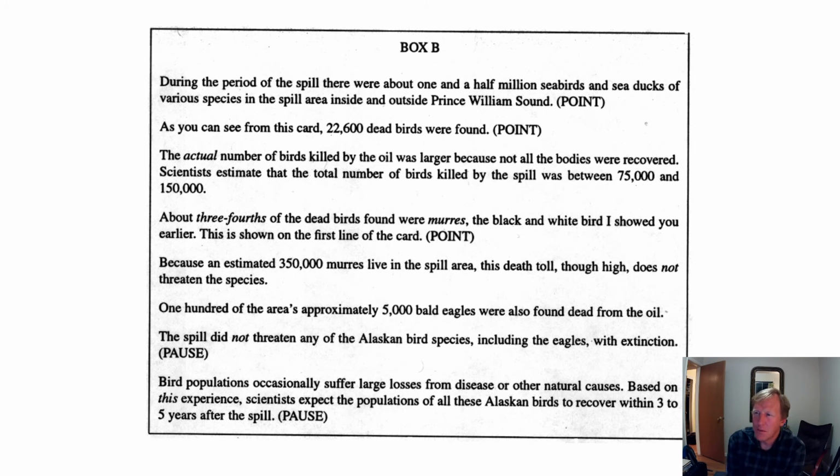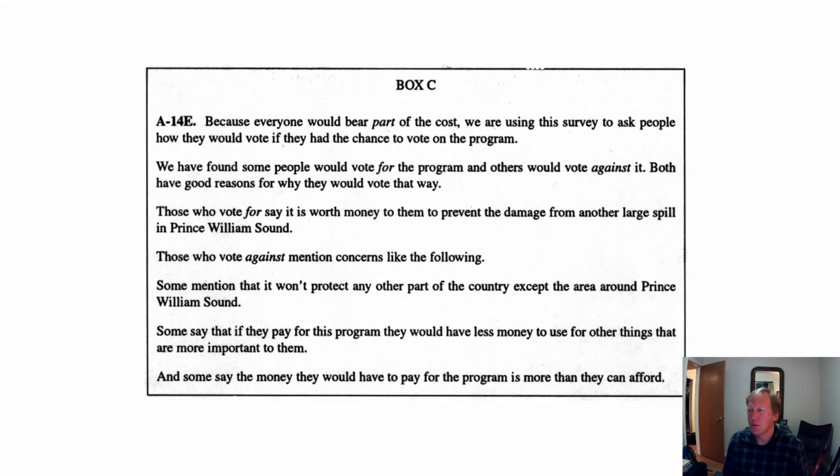And then you give people choices, right? So you describe the environmental problem, and you say, how much would you be willing to pay, in this case, for example, to avoid this from happening? Here's something that's happened. There are these eagles that died. How much would you be willing to pay? Here, in the Exxon Valdez example, they asked this voting question.